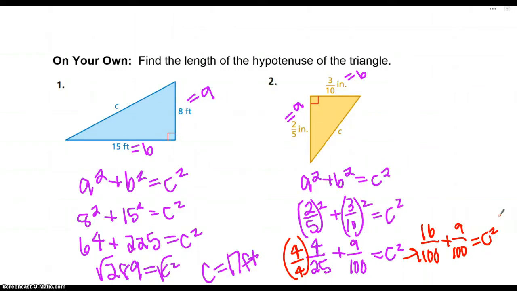Okay, so 16 plus 9 is 25 over 100 is C squared. Okay, and in order to find C, you take the square root of both of these, and remember you can take the square root of the numerator and the square root of the denominator. Square root of 25 is 5, square root of 100 is 10, so it's 5/10 or 1/2 inch. Okay, tricky one, but very doable.